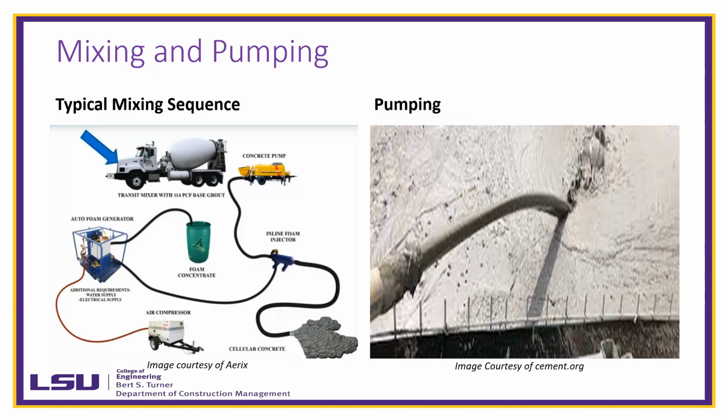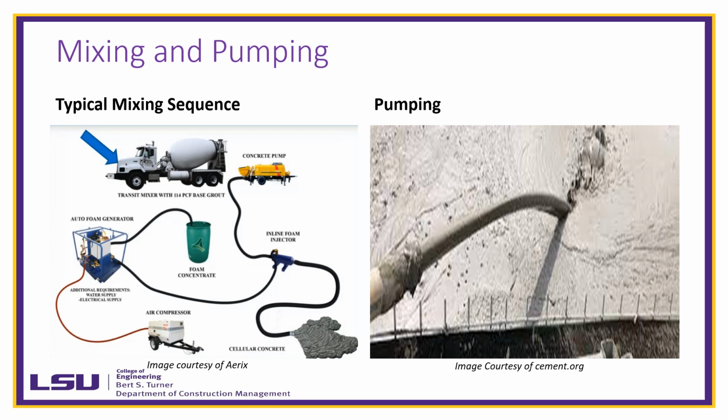So this is an example of a typical mixing sequence. You bring the cement water slurry in with a ready mix truck. You have your foam concentrate, you have your foam generator, and you have your air compressor. Water and the air, and the foam concentrate, go into the foam generator.